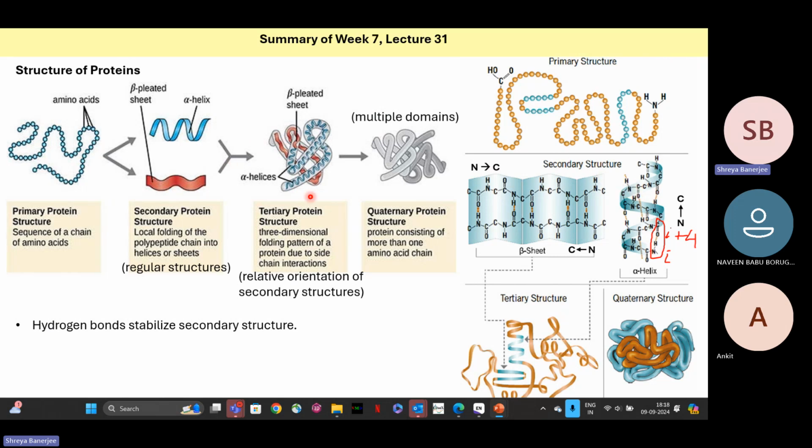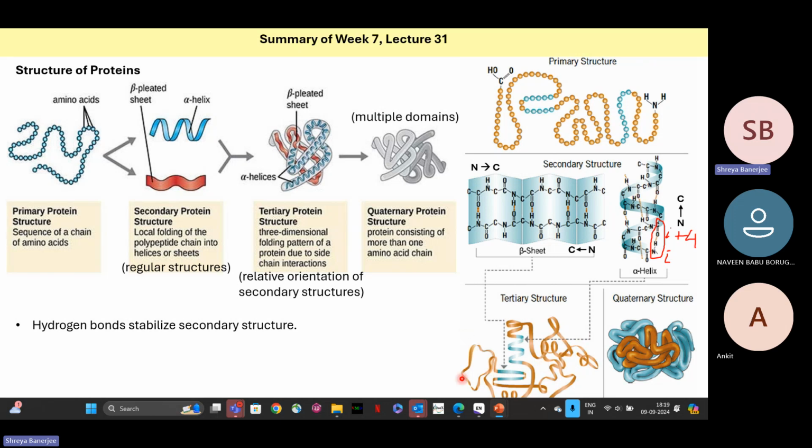Then there is a three-dimensional folding of a protein due to side chain interactions, and that leads to tertiary structure. So imagine you have a protein like this. In the protein, some segments form alpha helix, some form beta sheet. You can see this section shown here is an alpha helix, and this section is a beta sheet.